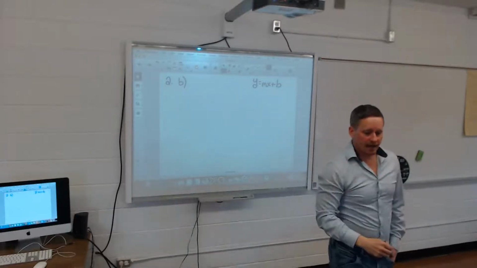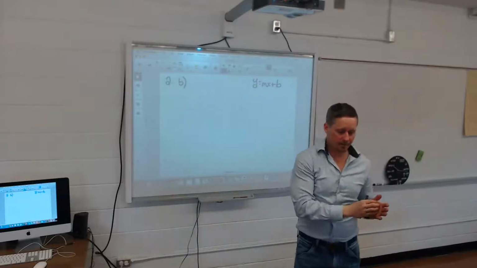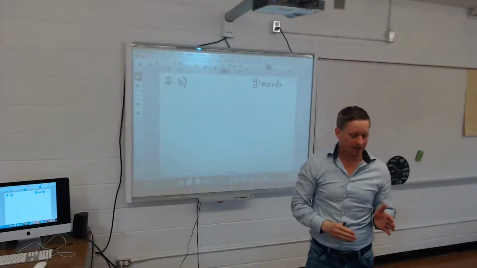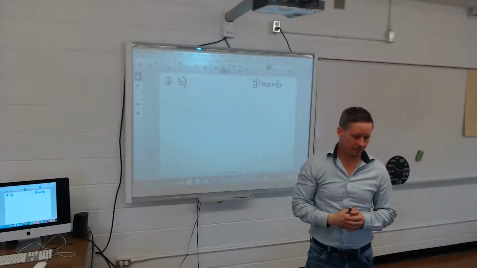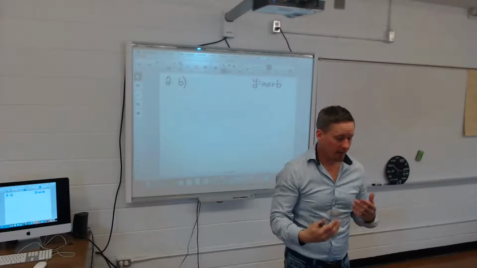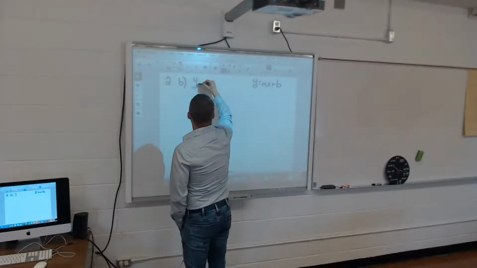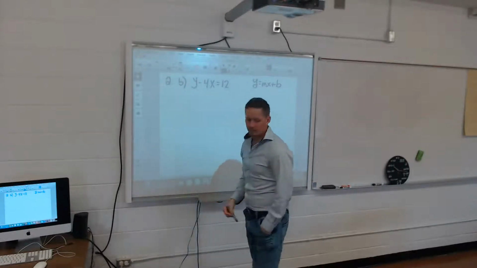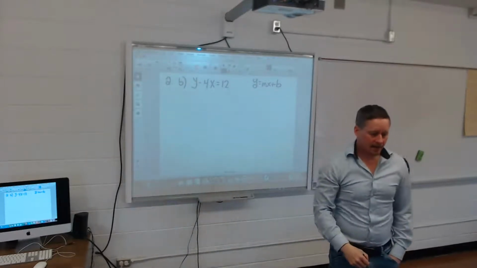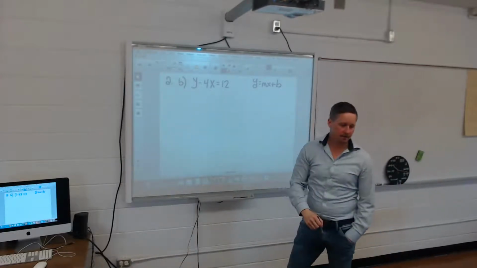So in order to get it in that form, y equals mx plus b, I have to have y on one side by itself and everything else on the other side. So I got to do a bit of algebra here. Right now I have this: y minus 4x equals 12. So I need to get y by itself. So what do I have to move over to the other side?